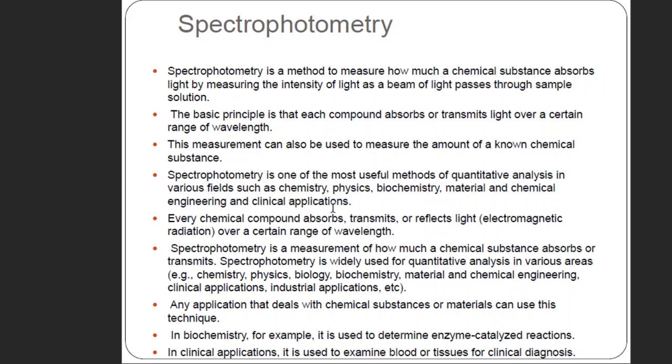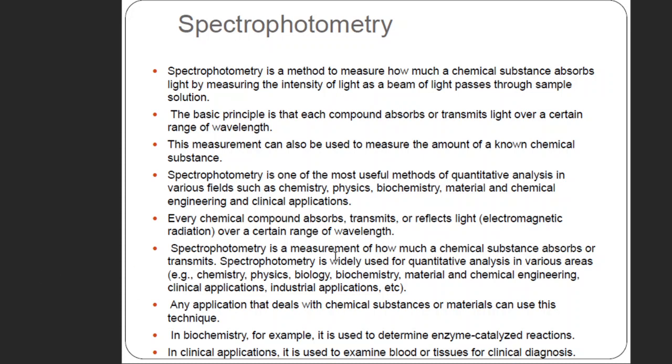So the solute is dissolved in a solvent, and that mixture we call a solution. So spectrophotometry measures how much chemical substance absorbs light by measuring the intensity of light as a beam of light passes through the sample solution. I hope I am clear.